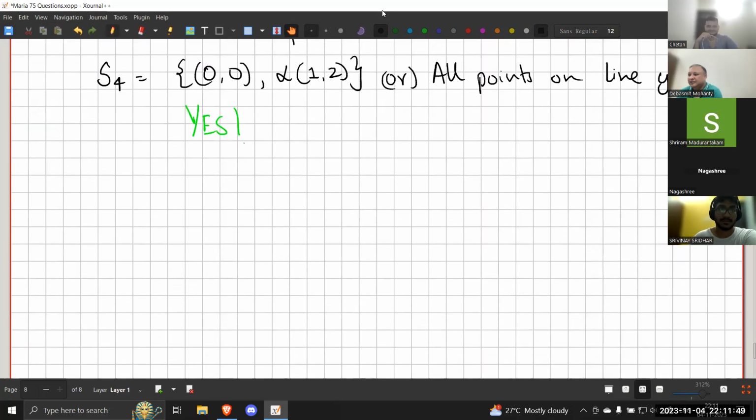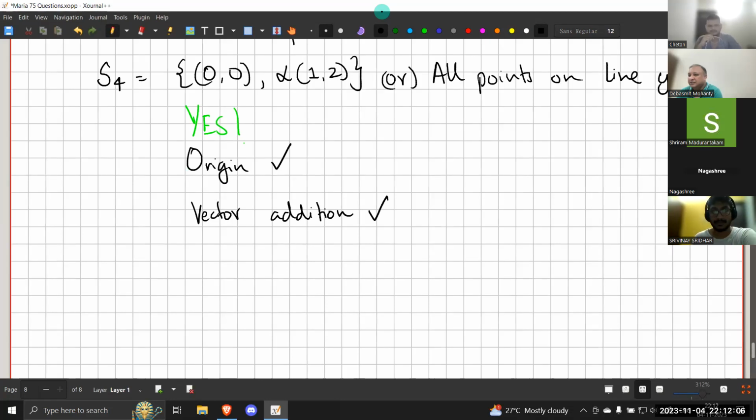So that rule is getting satisfied here, right? And the origin is also there in the subspace. Also, anything multiplied with the origin stays at the origin. For the other points, if you multiply any scalar to another point, you are again getting a point in the subspace because you have an alpha. So you satisfy all three conditions, making it a subspace. Correct. That is correct.